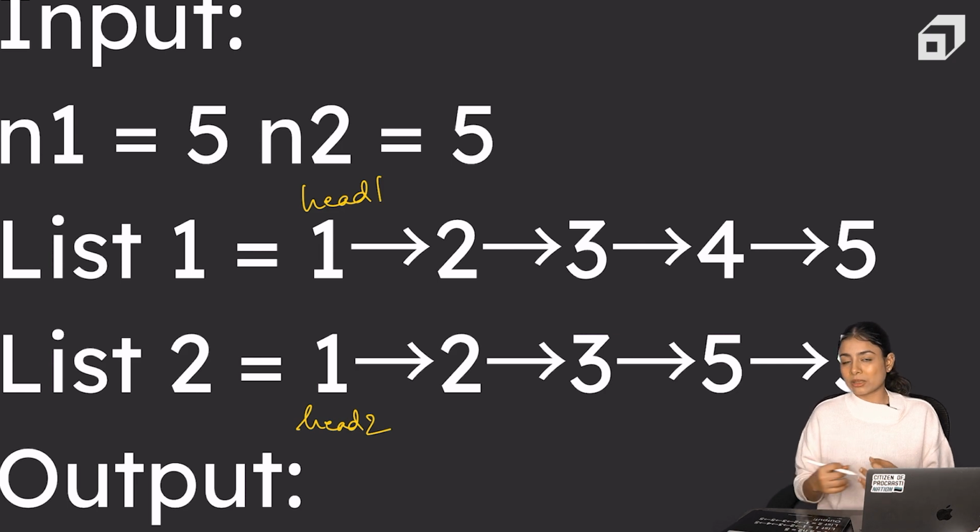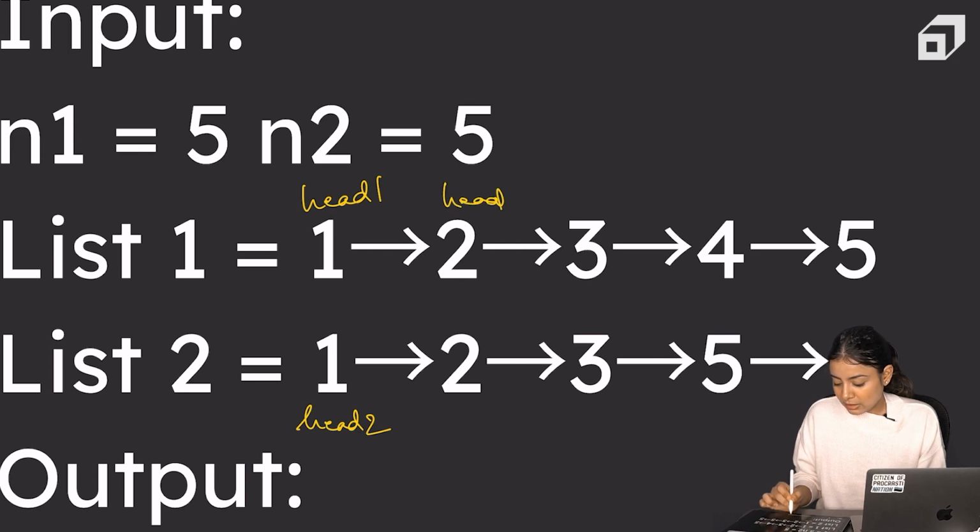If at any point they become not equal, then that means that my two linked lists are not equal and I can return false. If not, I can just keep moving forward. I'll check for the next elements and compare those.